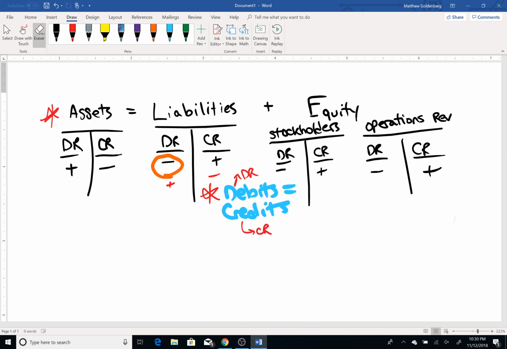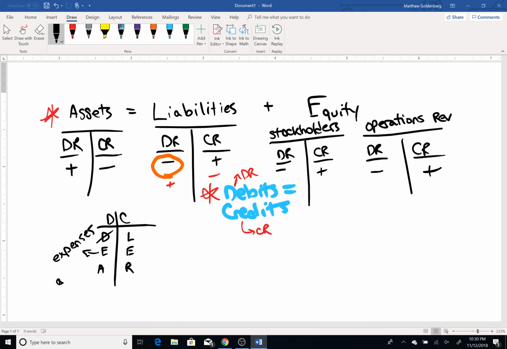Another useful tool to memorize that is to remember DEALER. It's D-E-A-L-E-R. You don't really need to know that as much. E is going to be expenses. A is assets.